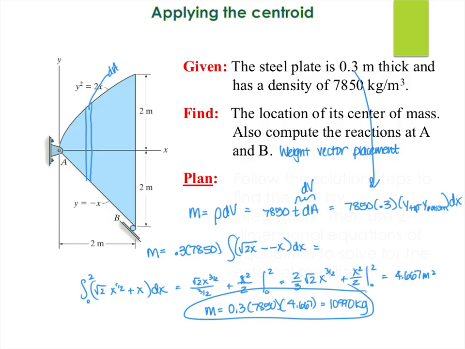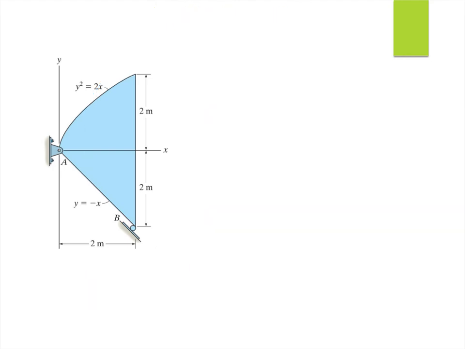So I've been able to find the total mass of this plate. Now I'm going to figure out the x-coordinate of its centroid. The denominator is the area which we just found. I'm only going to have to work on the top integral.